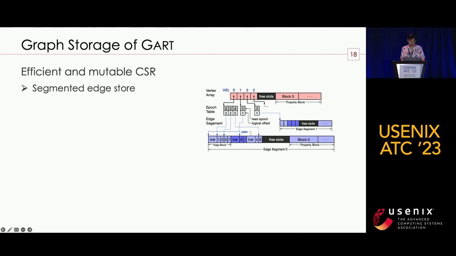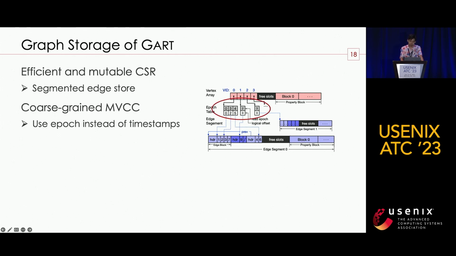For the topology, we maintain an efficient and mutable CSR structure that divides edges into several edge segments to support efficient new edge insertion. For MVCC, we use a coarse-grained approach that batches a group of edges and uses epochs to record the time information or the version information.